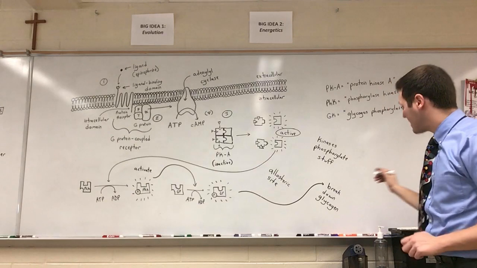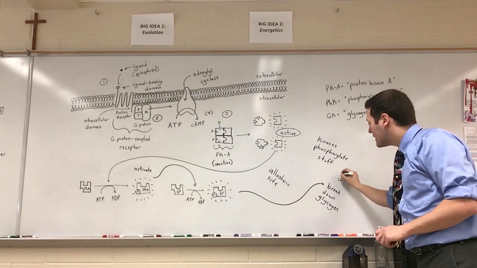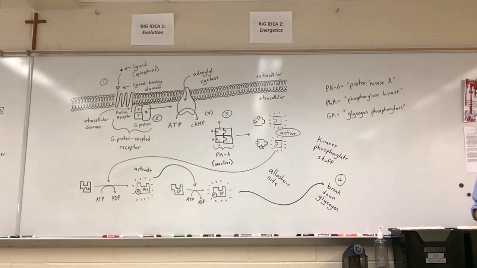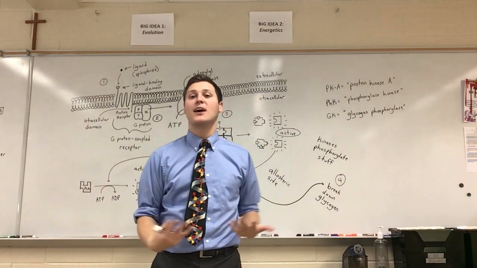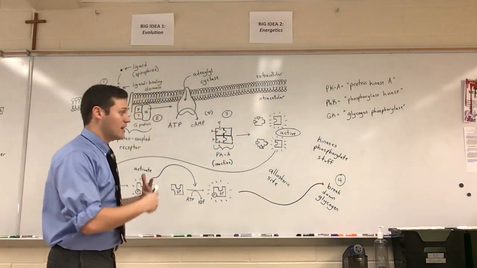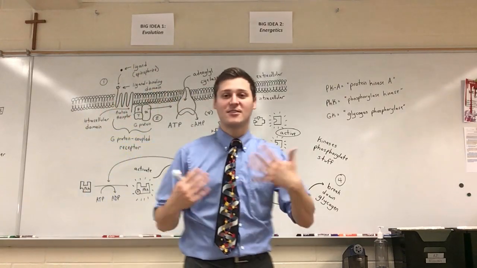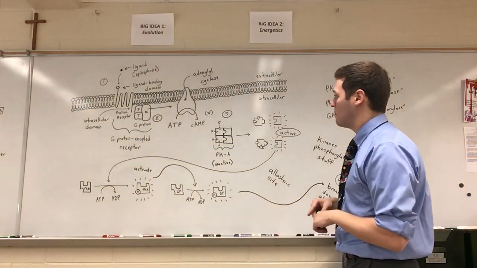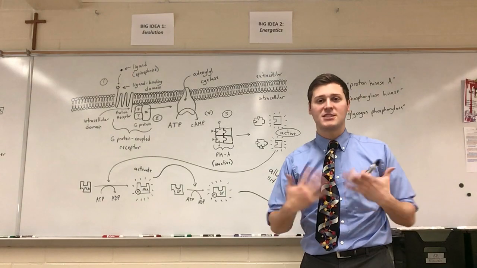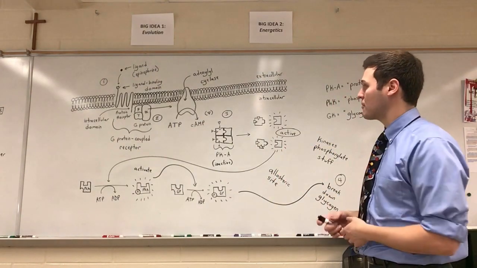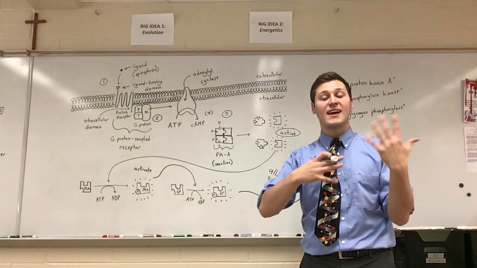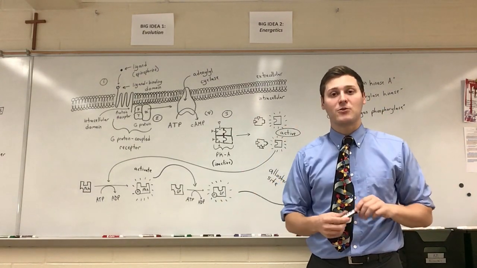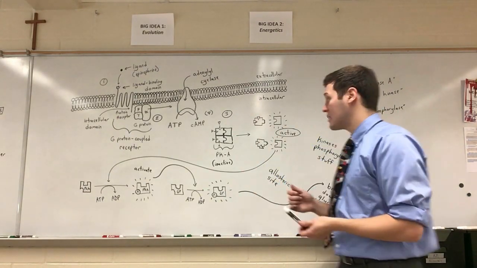And then finally, step 4, we get our cellular response. So that is the signal transduction pathway. This is a very complicated signal transduction pathway, but this is an often cited pathway with epinephrine. So if you know this, it'll be a lot easier to understand other signal transduction pathways. So hopefully that was helpful.